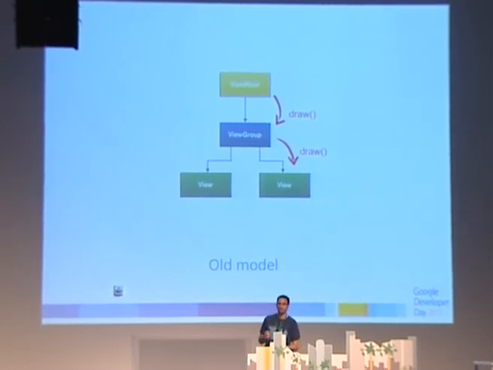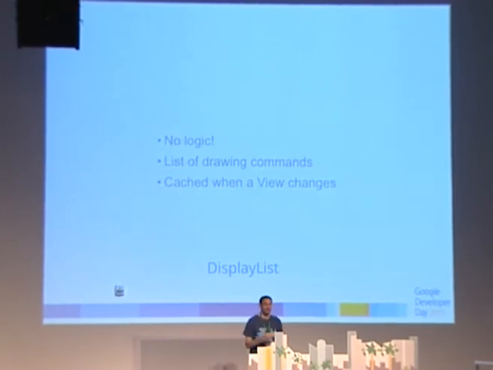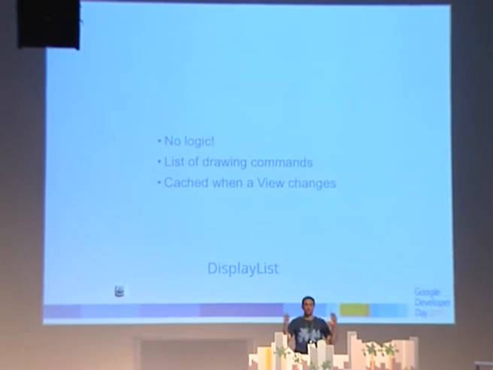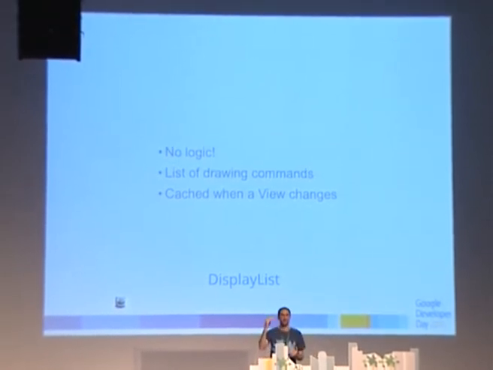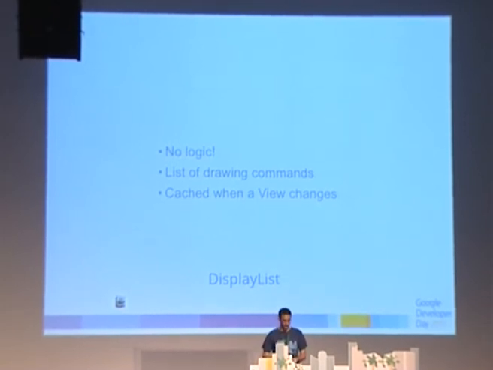In the new system, we have something called display lists, and they're pretty transparent to you. You don't even know that they're going on in the background, except for the fact that because the way we're doing drawings changed, you have to slightly think about it in a different model, so that when you see artifacts on screen, you'll know why they're there. So now when we draw a view group, we cache the list of methods that were called to draw that view group.